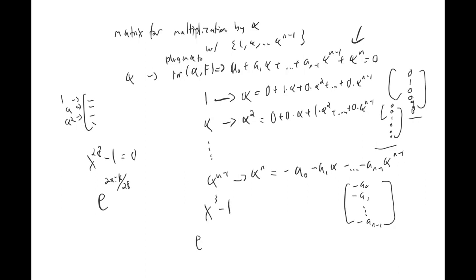This is generated by e to the 2 pi i over 3, right? So the elements are e to the 4 pi i over 3, and e to the 6 pi i over 3 is e to the 2 pi i, and that's just 1, right? It's just the unit circle.